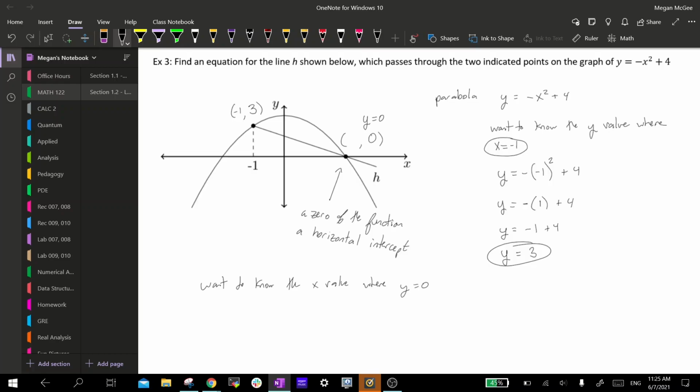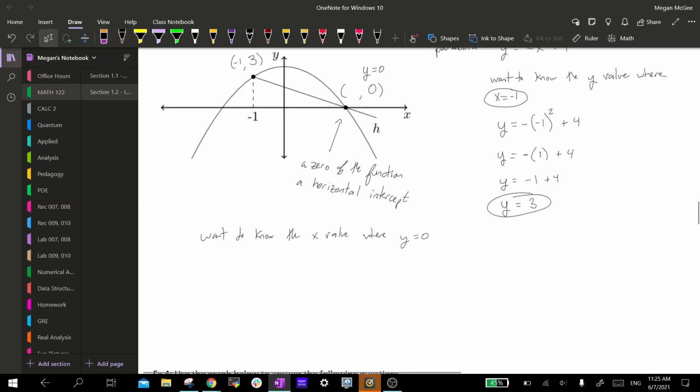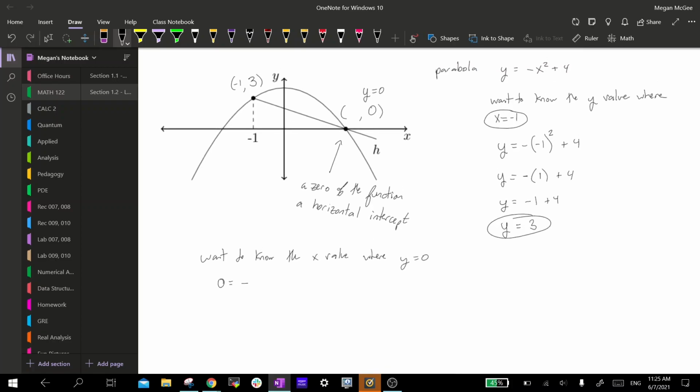Well, we're going to do the exact same thing as we did a moment ago to find the y value, but now we're looking for the x value instead. Alright, so instead of saying y equals, I'm going to say 0 equals. So 0 equals negative x squared plus 4.